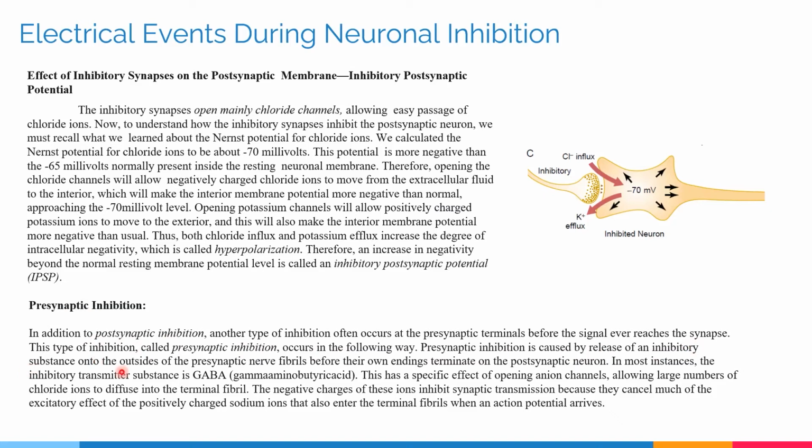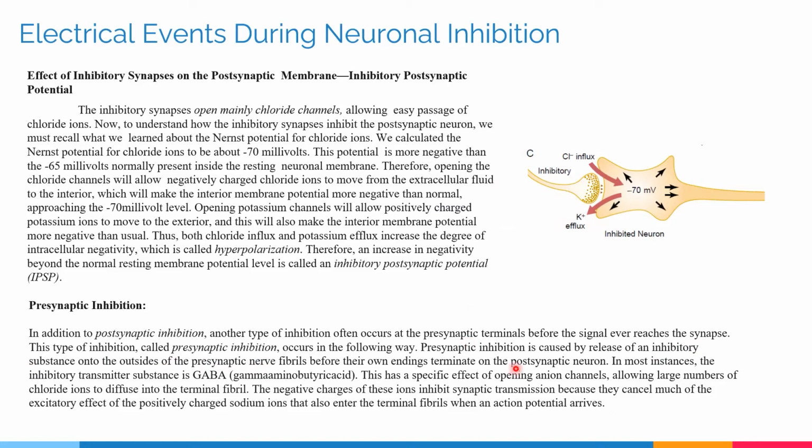This type of inhibition is called presynaptic inhibition, and occurs in the following way. So first we have to understand we are talking about inhibition of the presynaptic neuron, which was bringing the action potential and the neural impulse towards the postsynaptic neuron.